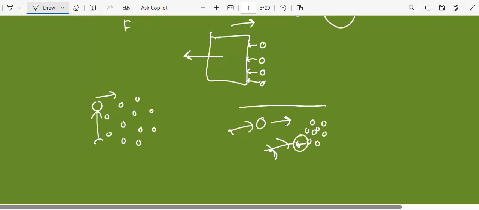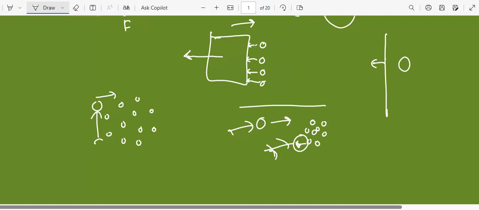When those things are colliding with your body, they will exert a force, right? For example, if we hit your body with an object, let's say a rubber ball, you will feel a small pain. Why is that? Because every time this ball collides with your body, it exerts a force.